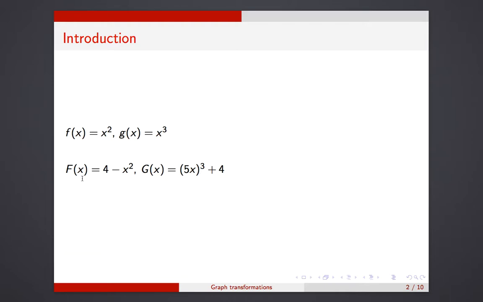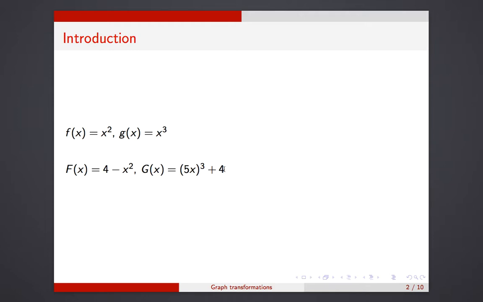So what we have here are two functions down here that in their formulas, in their equations, are similar to these guys up here. Not the same, of course. But you basically have an x squared versus an x squared. This x squared is negative, and there's a plus 4 here. Not an x cubed now, but a 5x quantity cubed, and then again with a tack on of a plus 4.